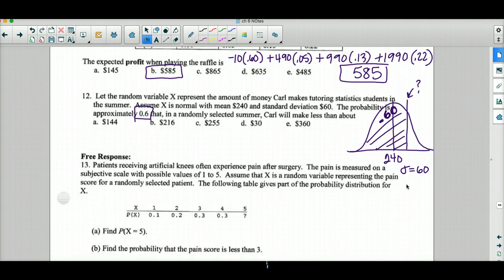It is inverse norm. Inverse norm, my area is 0.60, my mu is 240, and my sigma is 60. If we needed the mu or something and we were going to have to use the z-score formula, we could at least get a z-score with this.